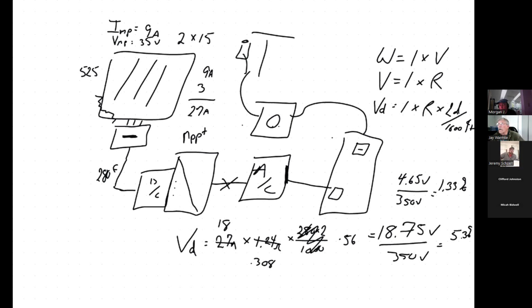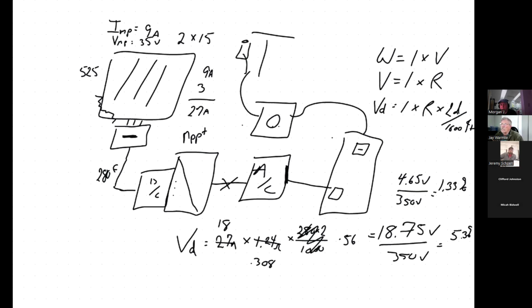I could make that work if I had to. So just reconfiguring from 3 strings down to 2 strings, I might have solved my voltage drop problem. I'd probably still want to go to 8-gauge wire instead of 10, but I don't have to go to 4. So these are some of the considerations you're going to be doing as a designer.